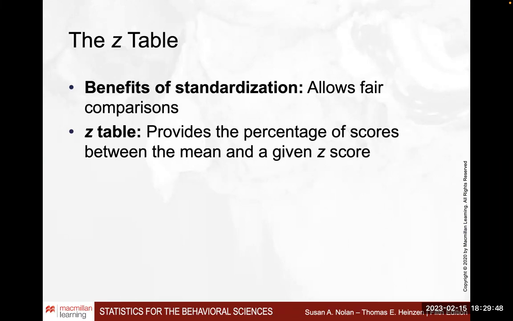So again, as a recap, we are standardizing raw scores from a population by essentially taking the raw score, subtracting the mean, and dividing it by the standard deviation. As a consequence, we're getting the individual score expressed as the number of standard deviations it is located away from the mean.